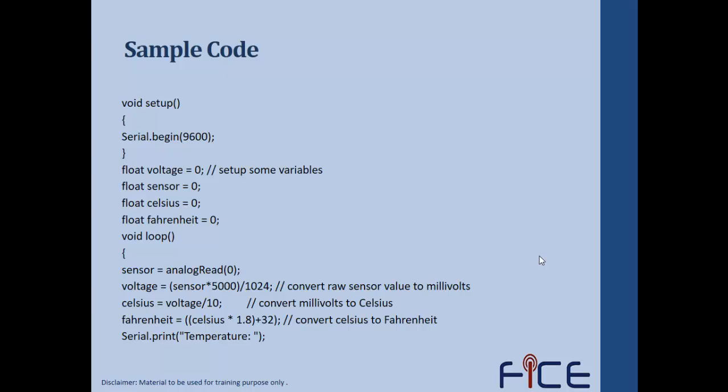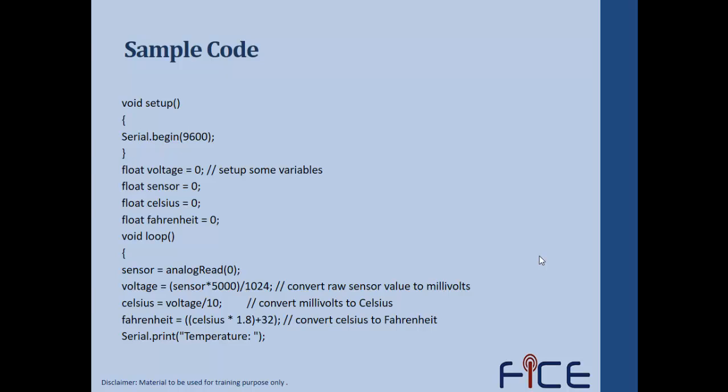We are taking these four variables and initializing them to zero. After that we are using a void loop, and in this we first read the value of the analog sensor that is connected to any of the analog pins of the Intel Galileo Gen 2 board.